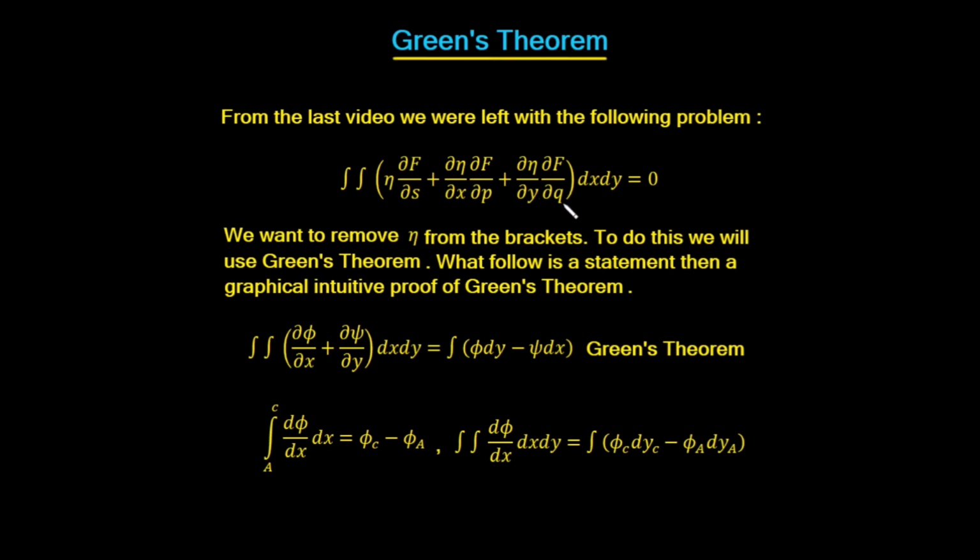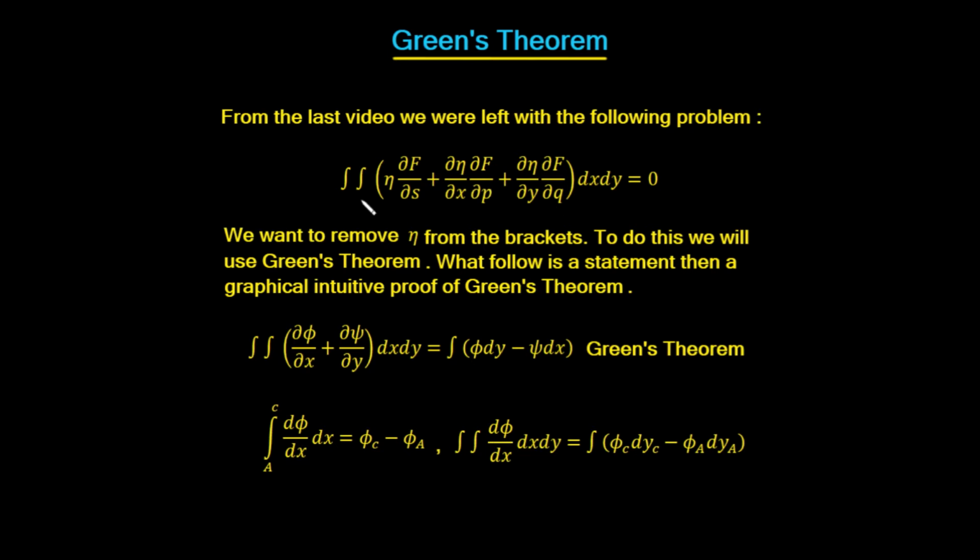So whatever is left over once eta has been removed from this equation must be the factor that is equal to 0. So in effect this will become our equivalent Euler-Lagrange equation for a functional with two independent variables.